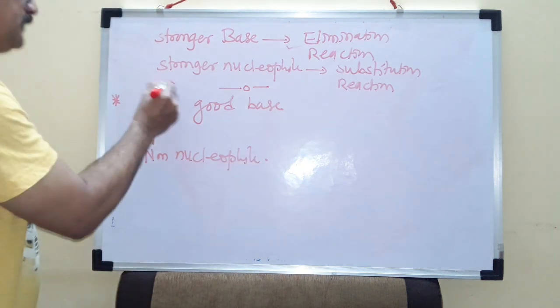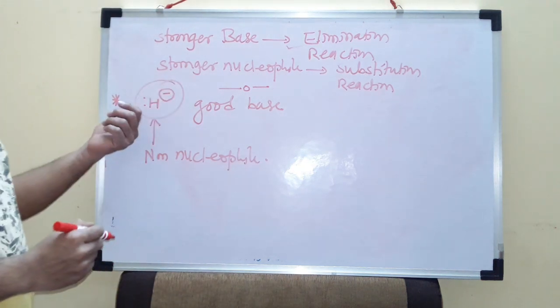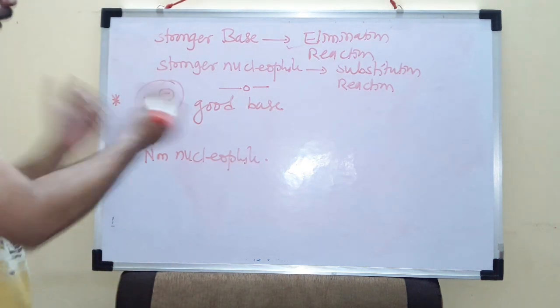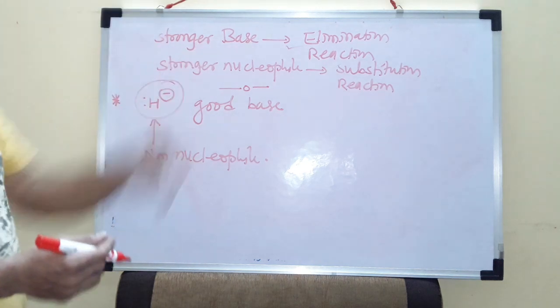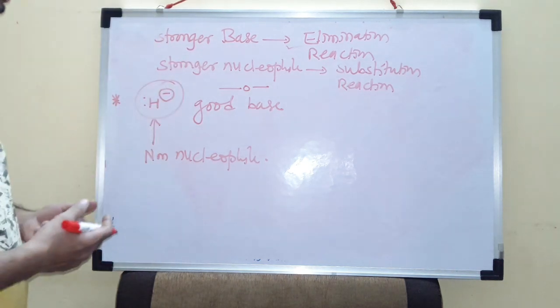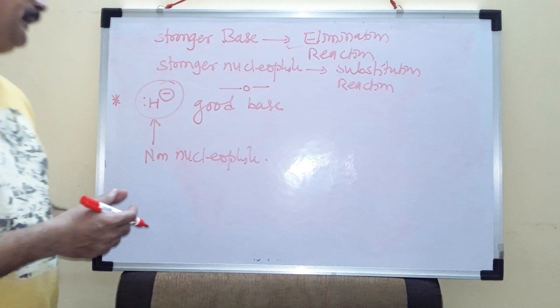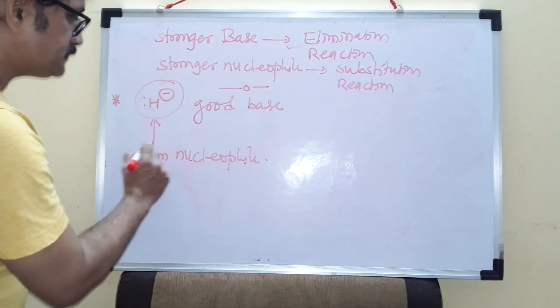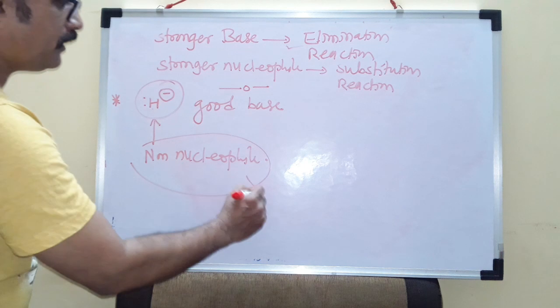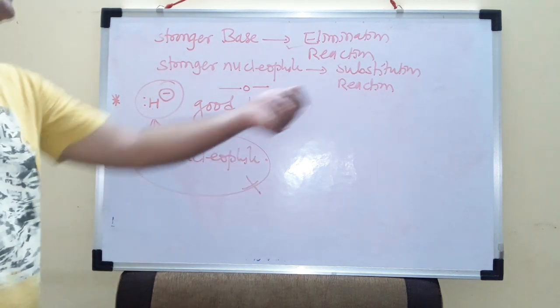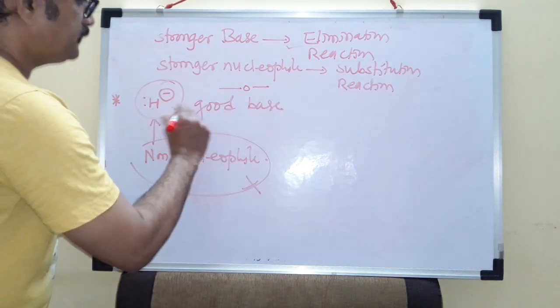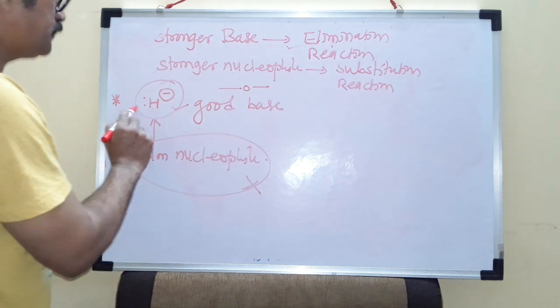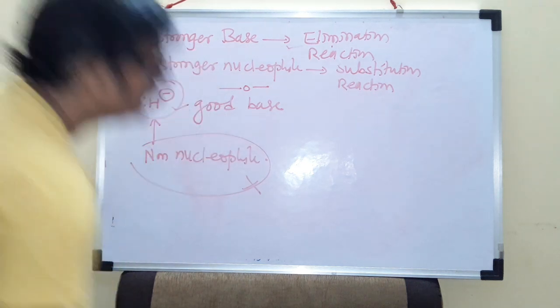Because of its size and the low energy of its orbital, it cannot overlap with the higher orbitals, which are in a higher energy state. Because of this, hydride is not a nucleophile. It cannot give a substitution reaction, but it can give an elimination reaction. So you remember this hydride ion particularly.